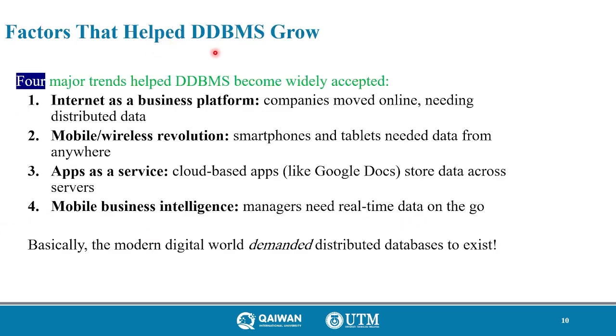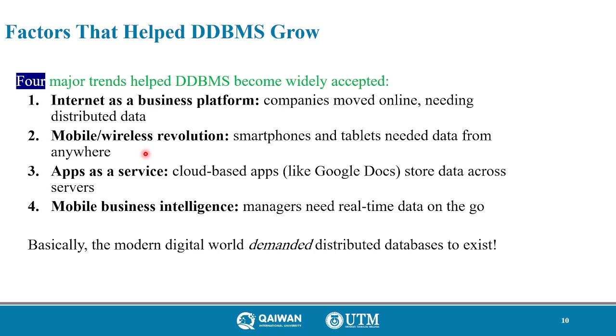Now, the factors that help distributed database management system to grow. We have four major trends that helped distributed database management system become widely accepted. The first one would be the internet as a business platform. Companies moved online, needing distributed data.